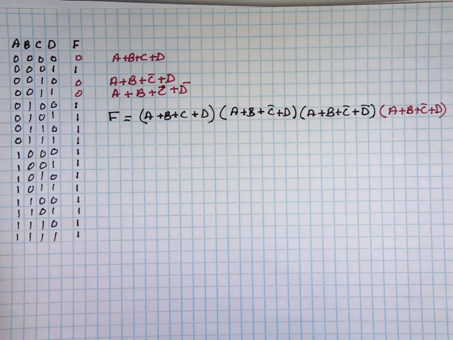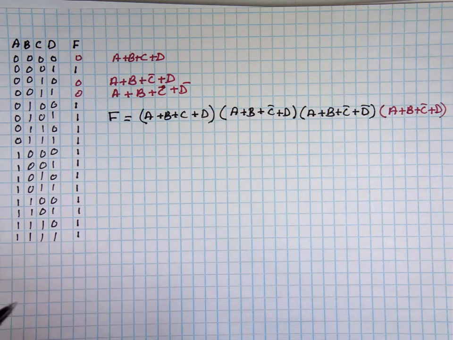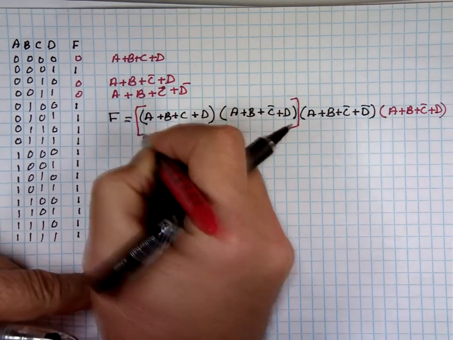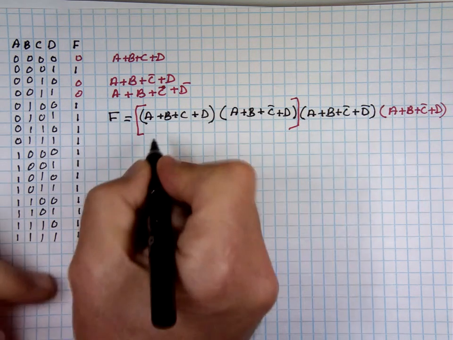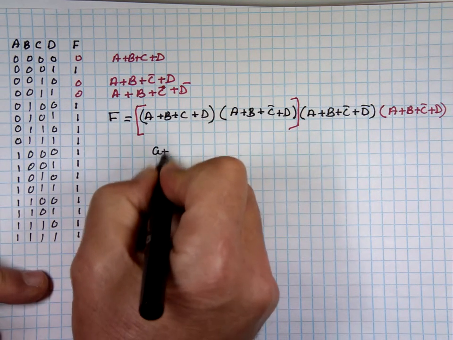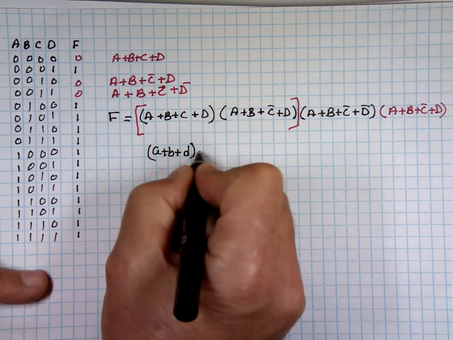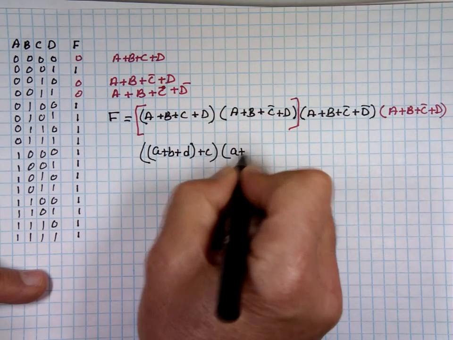And now let's look at this group here. A, B, and D are the same for all of them. So you have A plus B plus D in both of them, plus C, A plus B plus D plus C bar, right?